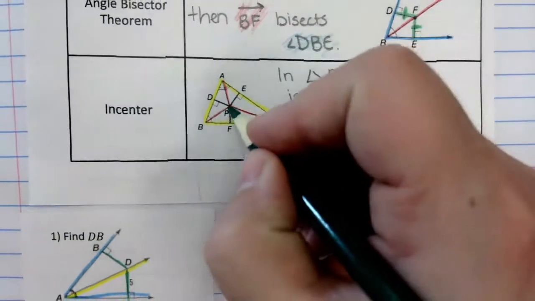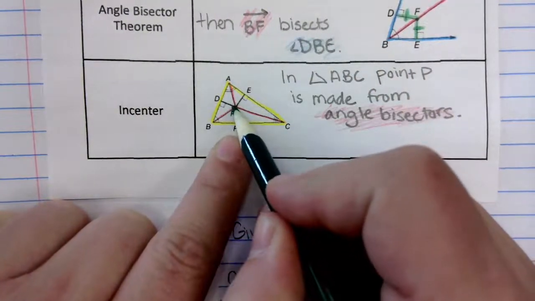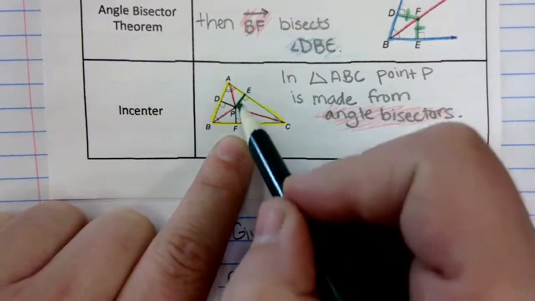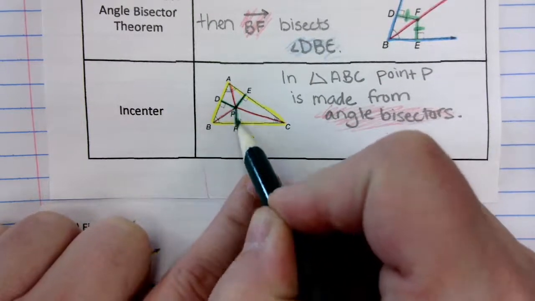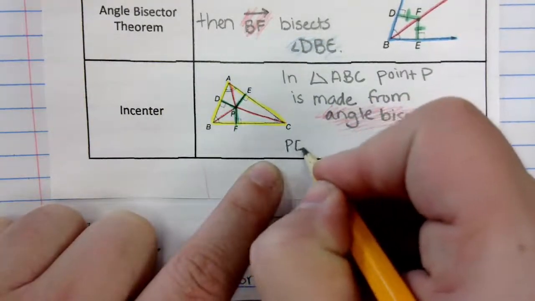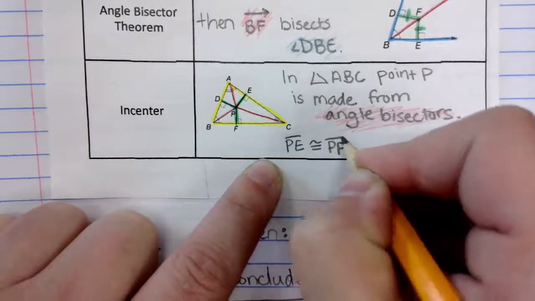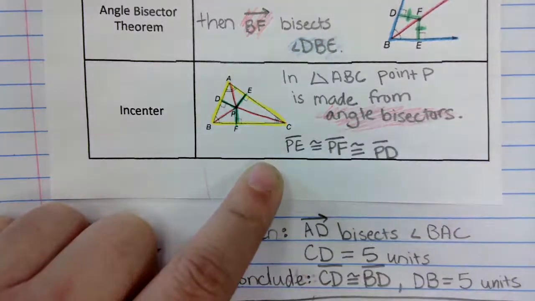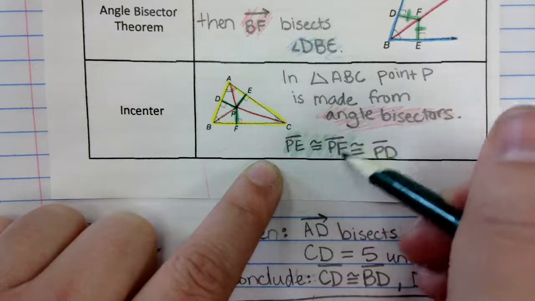So if I started at point P, and this was a room, and I had to walk to each wall, each of these distances from P to E would be the same as P to D, which is the same as P to F. Okay, so P to E is the same as P to F, which is the same as P to D. And that's probably going to be one of the more important things about the in-center that you need to know.